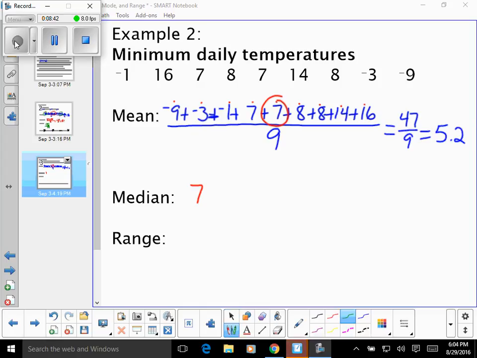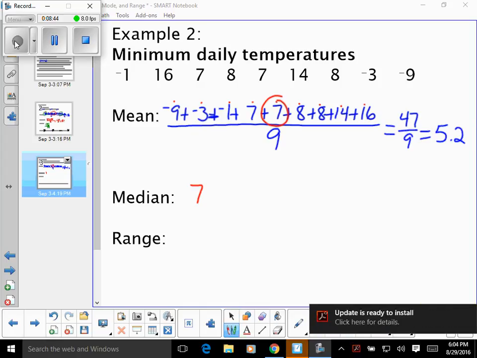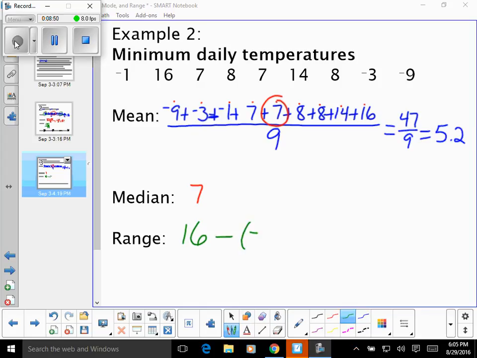The range is going to be our greatest item of 16 minus our least value item of -9. Greatest minus least. Aha! We're back to subtracting integers. Add the opposite. We're going to get a range of 25.